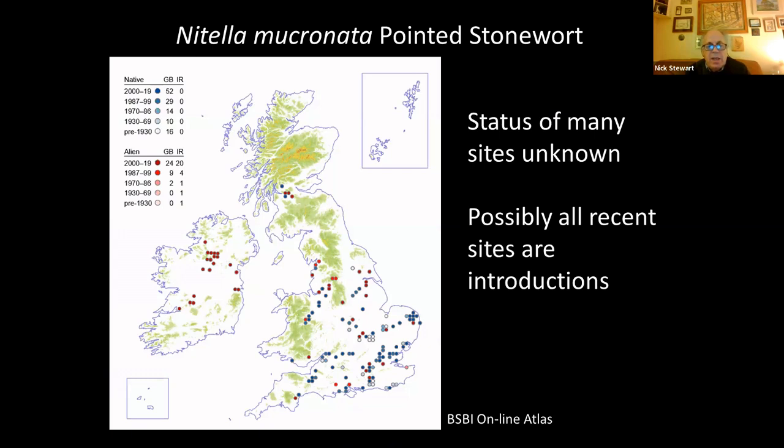It certainly is a native plant, because there are records going back into the early 1800s in places like Sussex, but elsewhere it seems to be very often an introduction, and some of the earliest records are actually from garden centres, and it's probably been spread around with things like water lilies, with people planting water lilies in places.